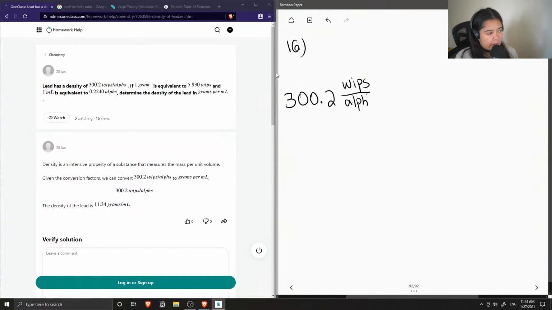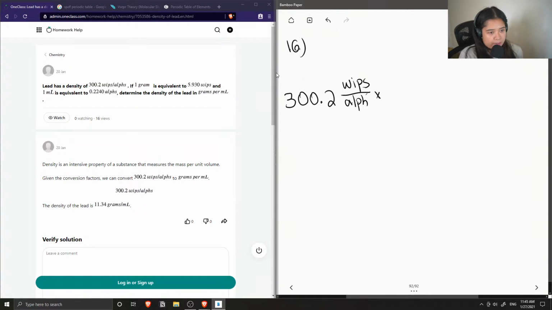But we know the conversion factors. We know that 1 gram is equivalent to 5.93 whips. So when we convert whatever our desired grams, we want it to cancel out like our whips in this case.